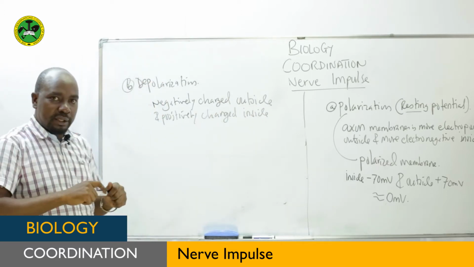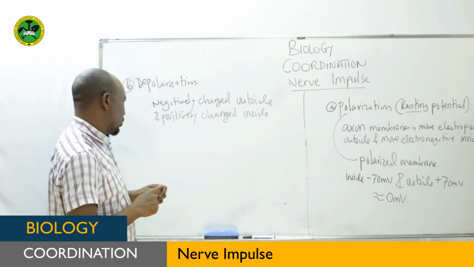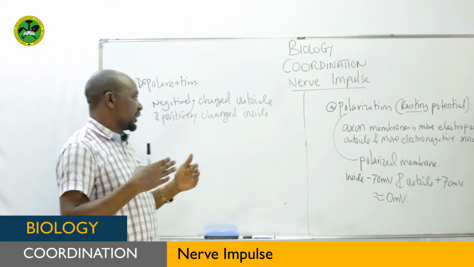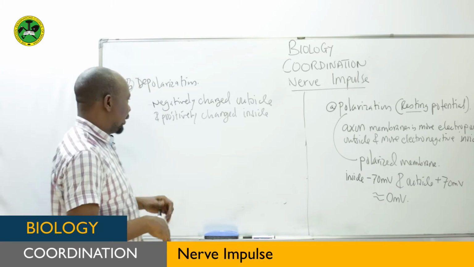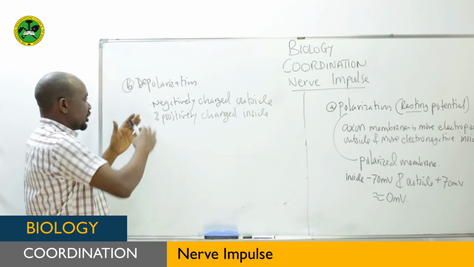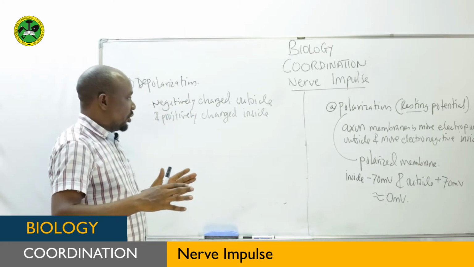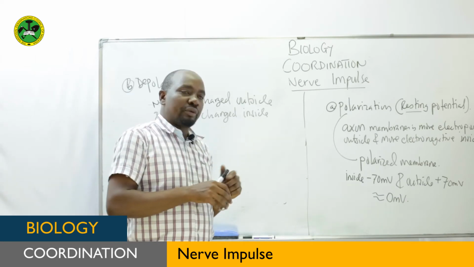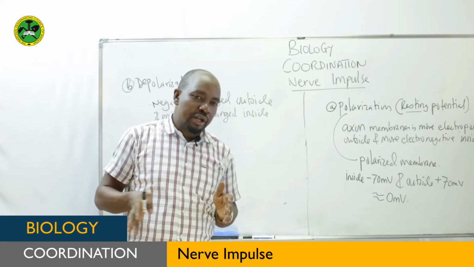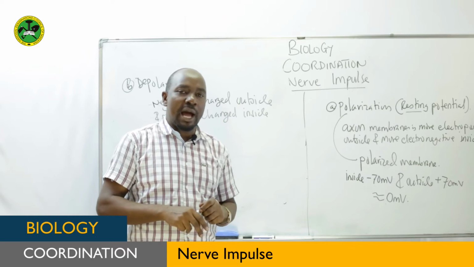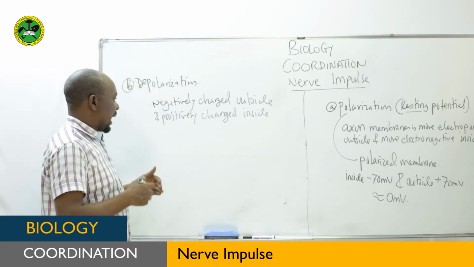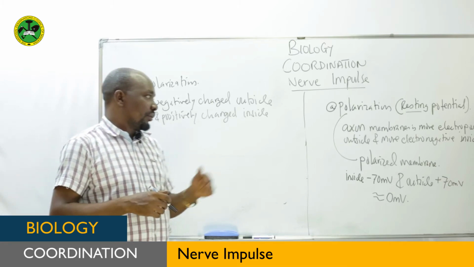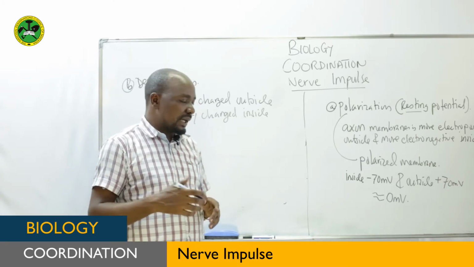This happens when the axon is stimulated by a stimulus. Or in other words, it occurs across the axon membrane when the nerve impulses are conducted, or when the nerve impulses are passing along the axon.